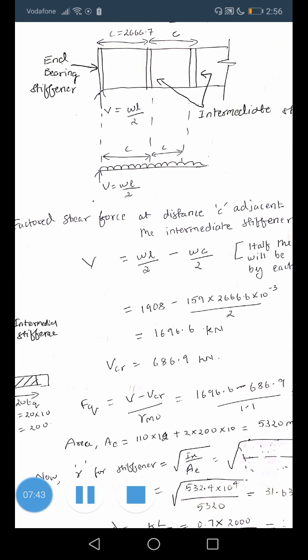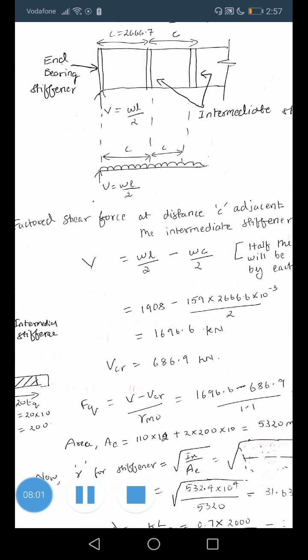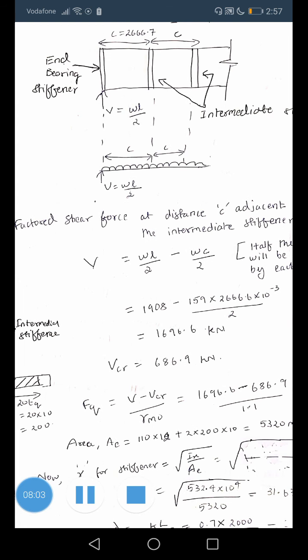Actually, on the left side of the transverse stiffener half of the load is carried, and on the right side half of the load is carried. So if Wc is the total shear force at a distance c between the transverse stiffeners, Wc by 2 will be the total shear force acting on one side.